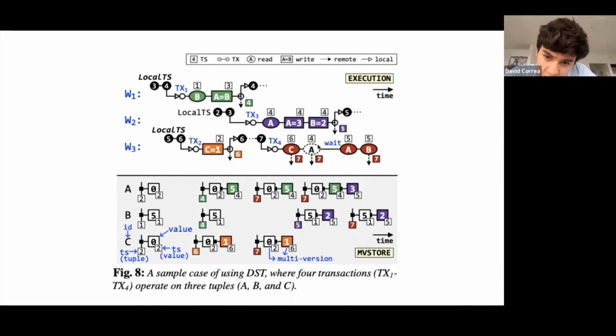So we basically wait until the concurrent read-write transaction finishes. And then once it's finished, we're able to read A and B with their updated values, 3 for A and 2 for B. And then we commit, we insert the new timestamp into both A and B.